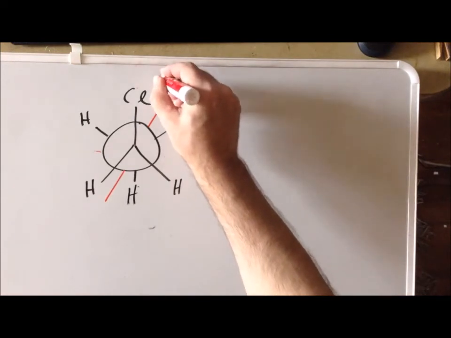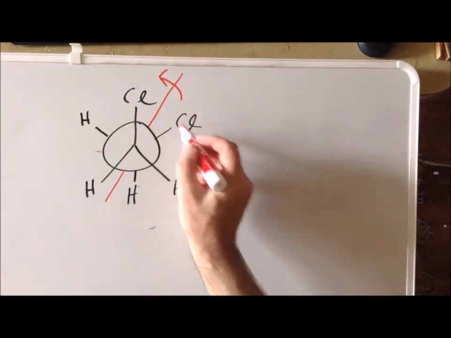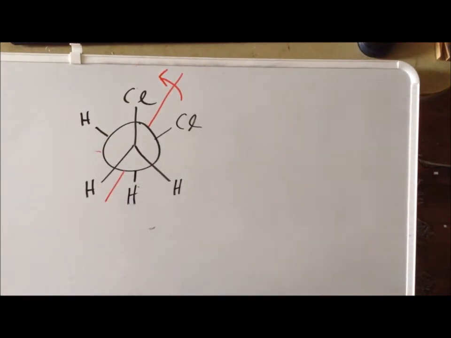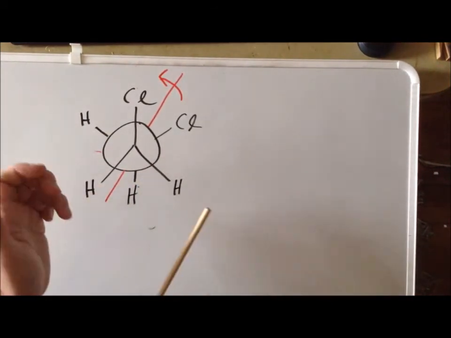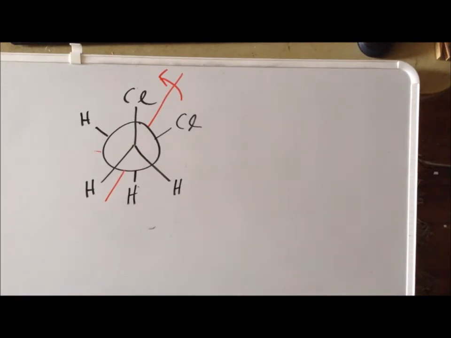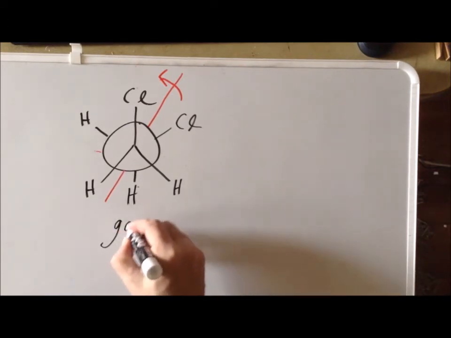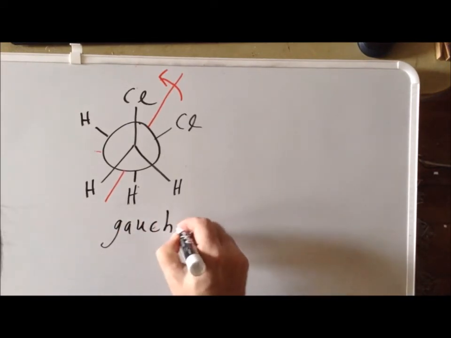This hydrogen goes to that hydrogen, and this hydrogen and that hydrogen are swapped. So I have a C2 axis for this particular conformation, which we call the gauche conformation. So this is the gauche conformation for the 1,2-dichloroethane.